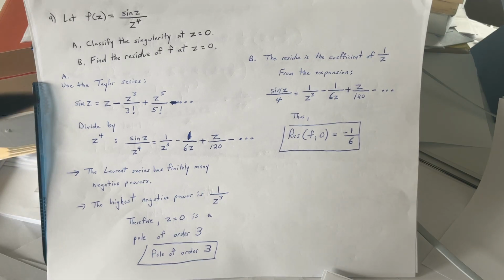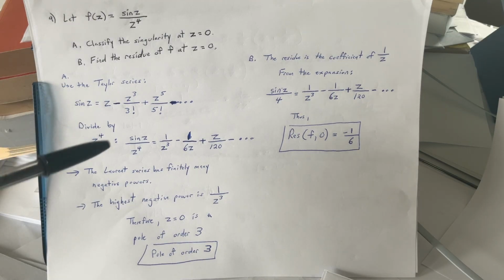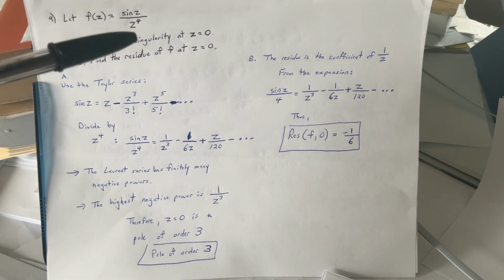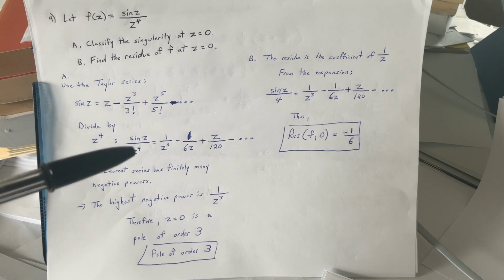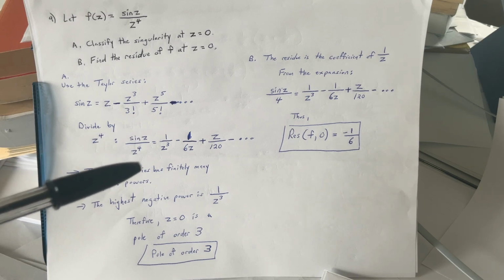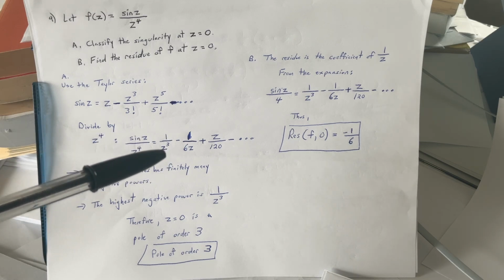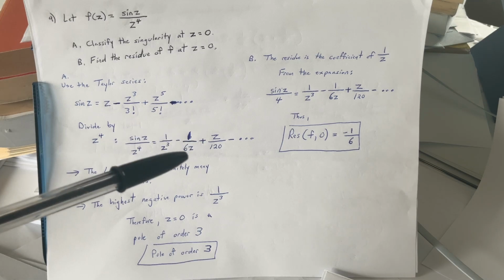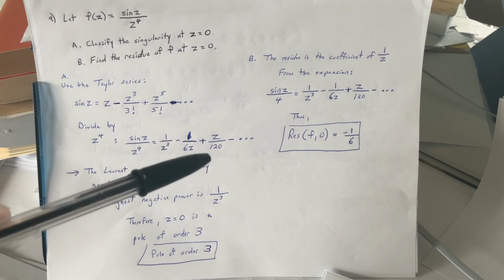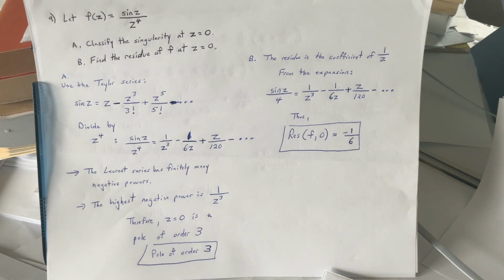Now what we do with this, think of this as stuff you did in Calc 2, writing these series, and also in complex variables. Divide by z to the 4th. So sine of z over z to the 4th equals 1 over z cubed minus 1 over 6z plus z over 120 minus, so they're alternating signs, dot, dot, dot.